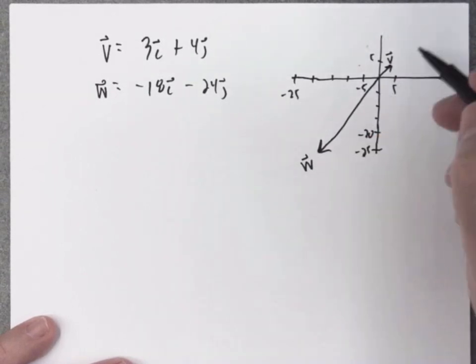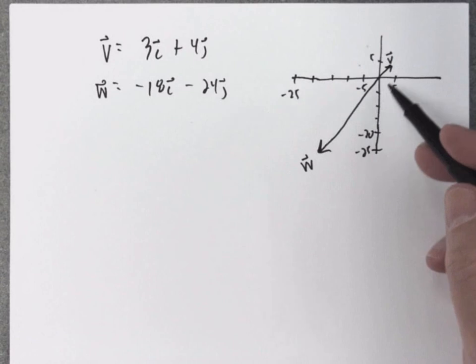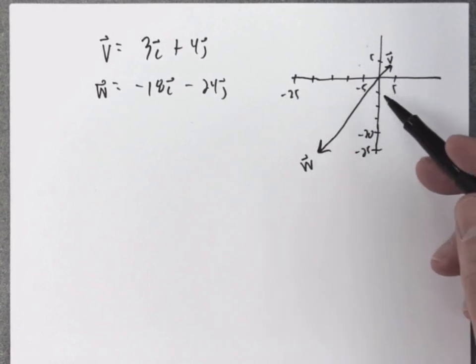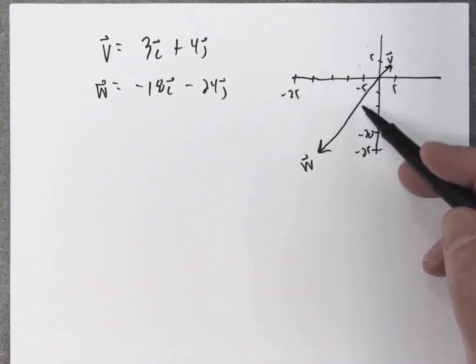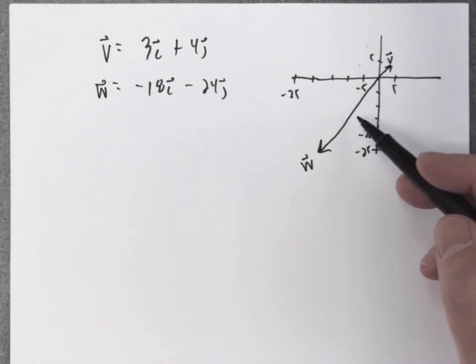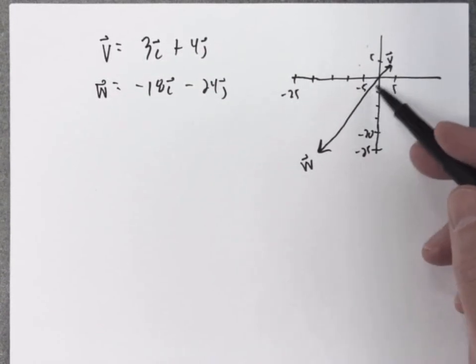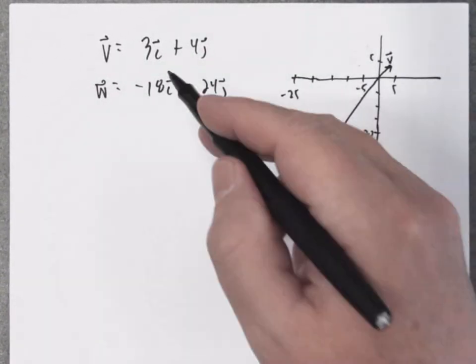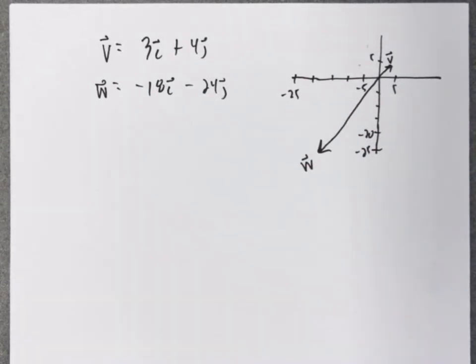Now, I don't know for sure, but a possibility is that these are parallel, of course opposite directions, so maybe the angle might be 180 degrees. From the rough sketch, that's a possibility, but to know for sure, we have to do the math.